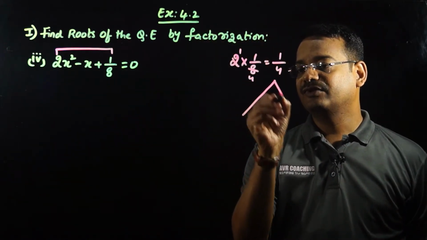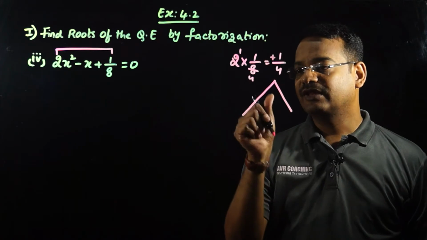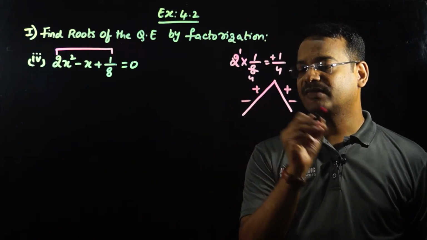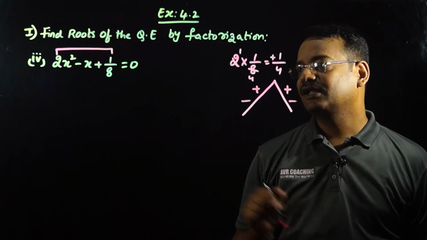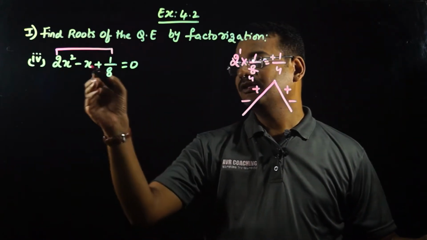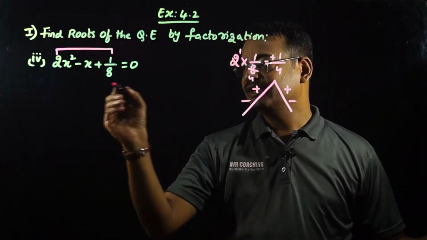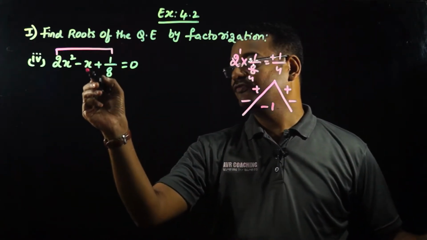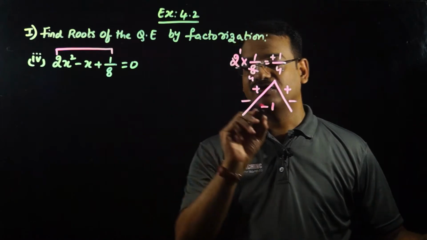So since we got plus 1 by 4, we'll have two options, that is plus into plus or minus into minus. So what option we select is totally dependent upon the sign of the middle term. So middle term is minus 1 because the coefficient of x is 1.